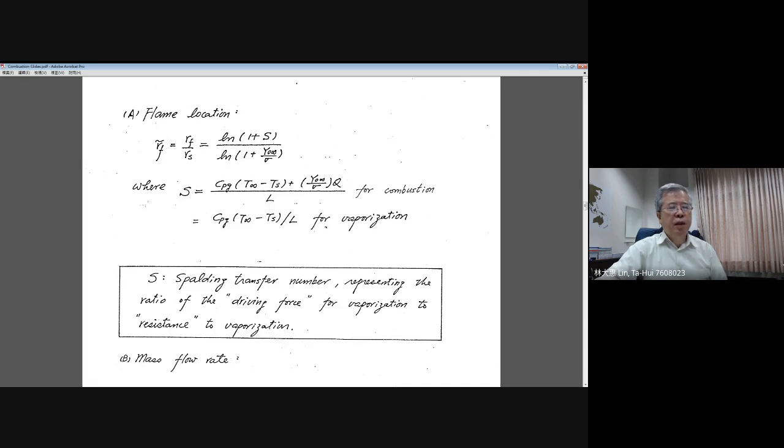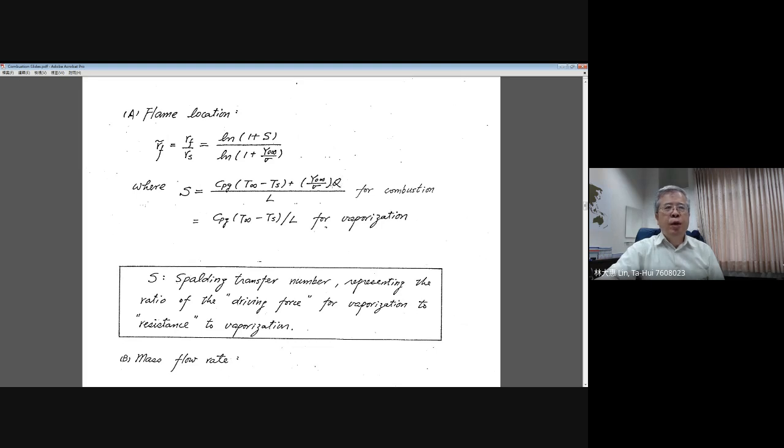This is a certain amount of heat, and usually it is small. The second term represents the heat released by the diffusion burning. And Q, you understand, is the heat of combustion per unit mass of fuel, right?